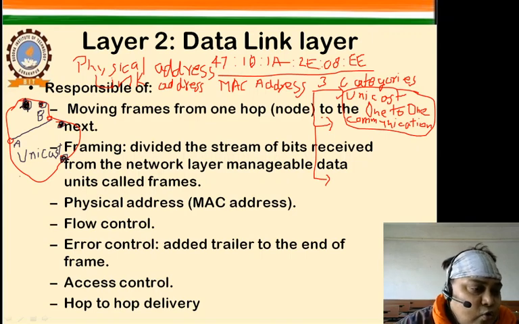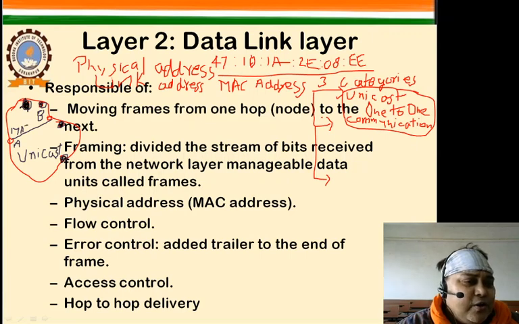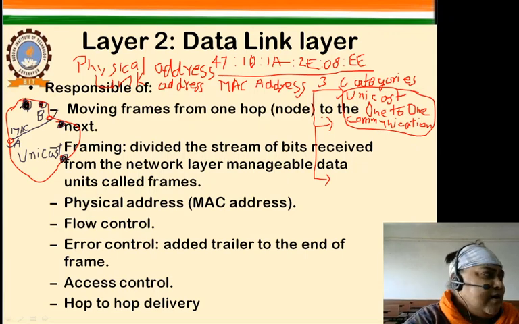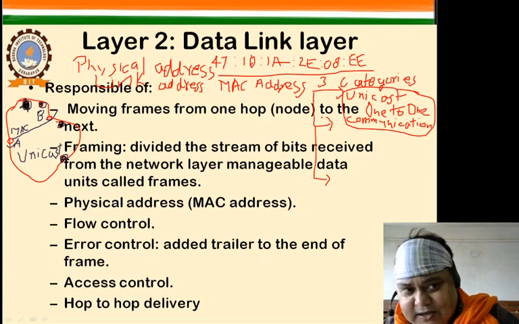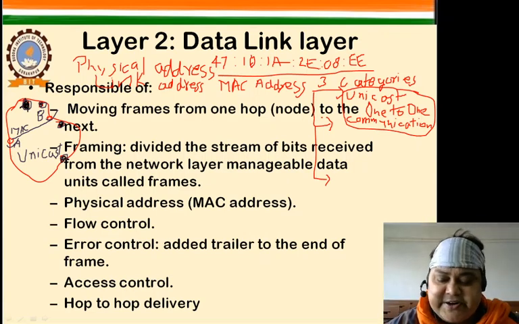Each has its own MAC address. Within this network it is more than sufficient to use MAC addresses to identify that this is my device and this is your device, both having different MAC addresses.